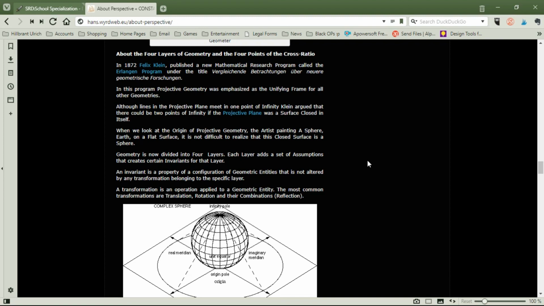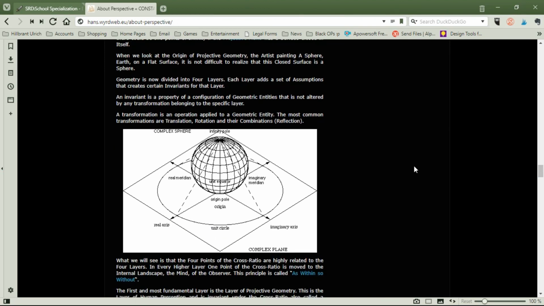Geometry is now divided into 4 layers. Each layer adds a set of assumptions that create certain invariants for that layer. Okay, so 1D into 2D into 3D into 4D. An invariant is a property of a configuration of geometric entities that is not altered by any transformation belonging to the specific layer.